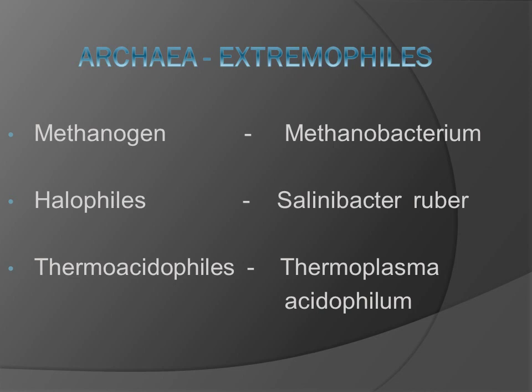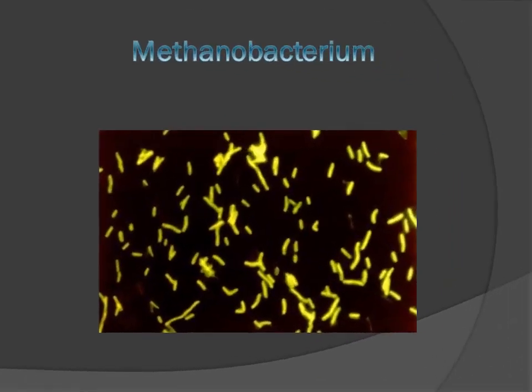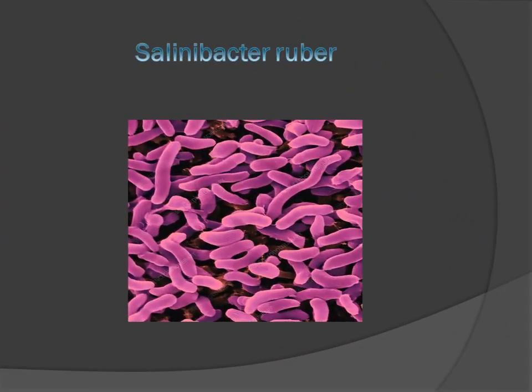Now I will display the figure of each variety. The first one is Methanobacterium, an example for methanogens. Salinobacter ruber is an example for halophiles.